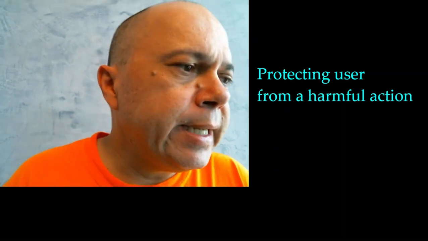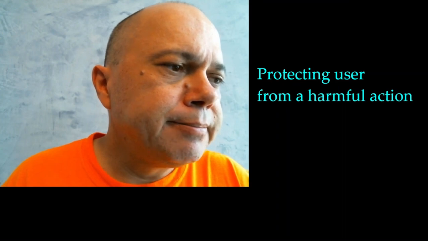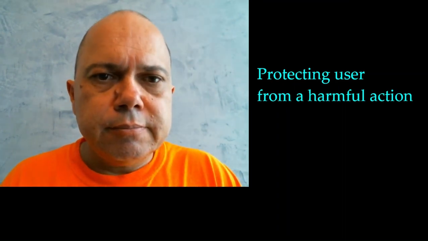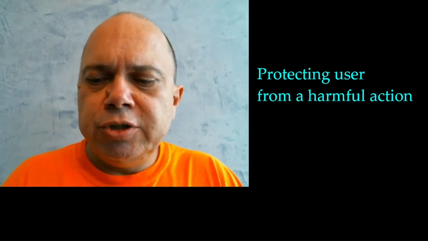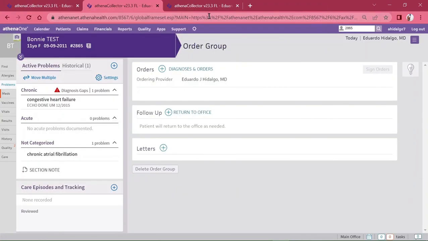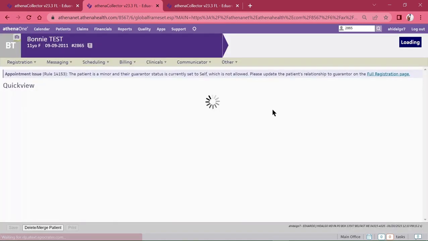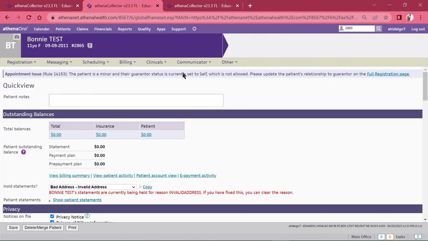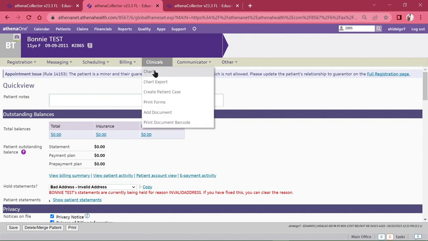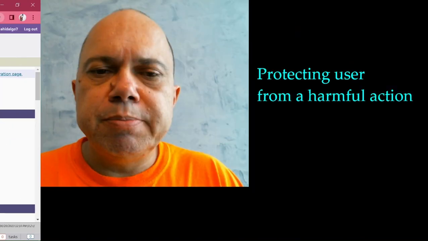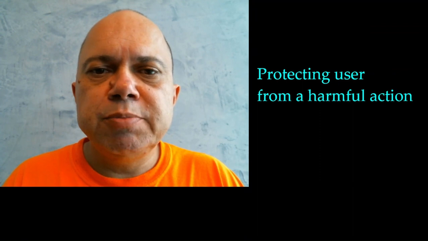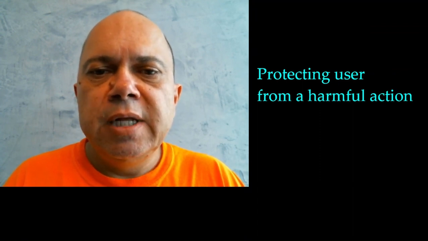Here we're going to look at a patient. This is how it typically looks. So we're here in Bonnie, and she's another test patient, and let's say she called up and wants a prescription to be refilled for her.